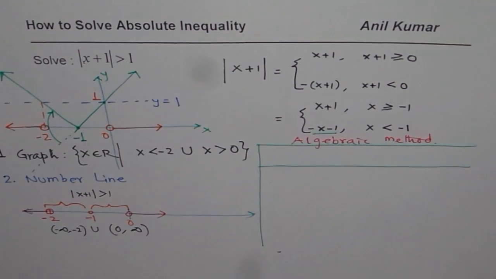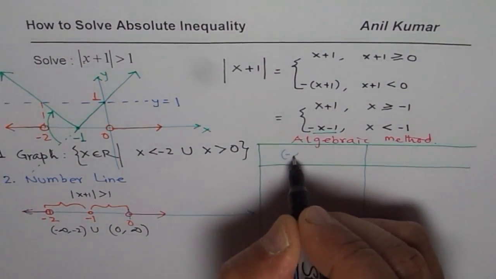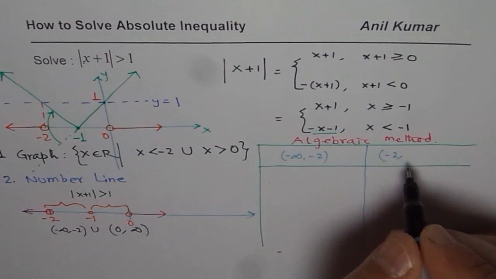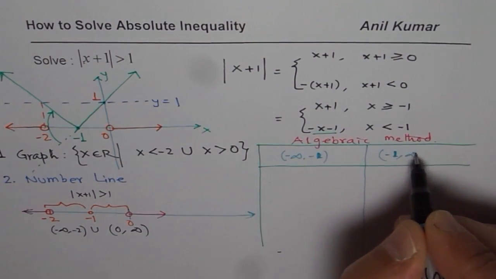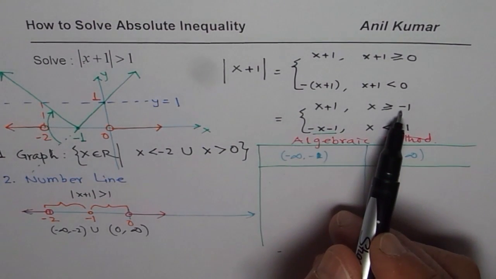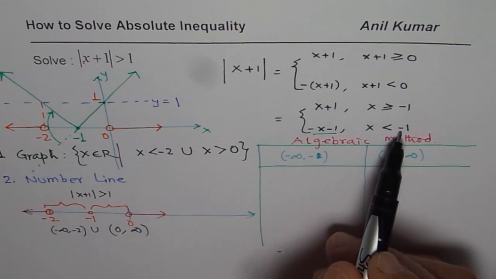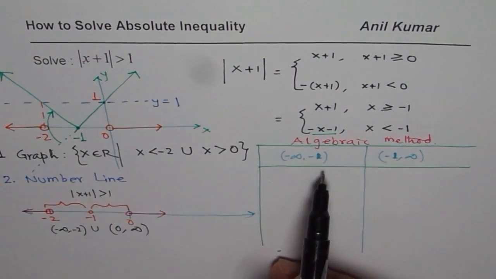Now as we saw, the absolute function can be defined in the interval from minus infinity to minus 1 and from minus 1 to infinity as x plus 1 in the interval greater than minus 1, and minus x minus 1 in the interval less than minus 1. So we can replace this absolute function and solve it algebraically.